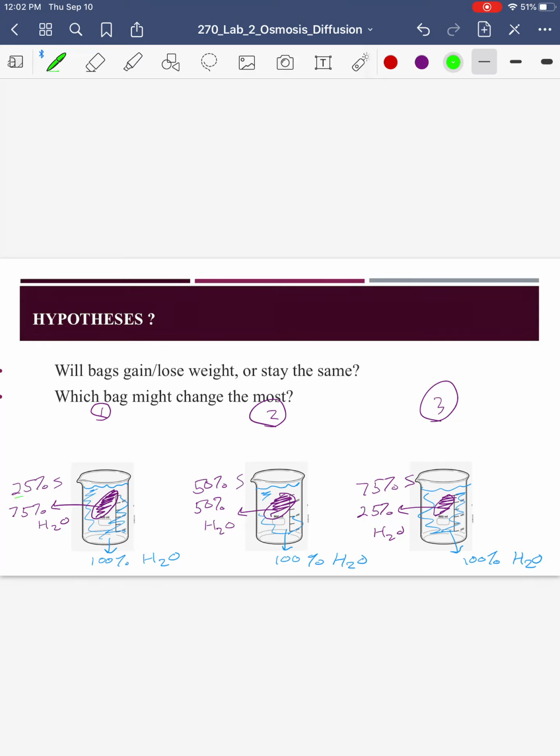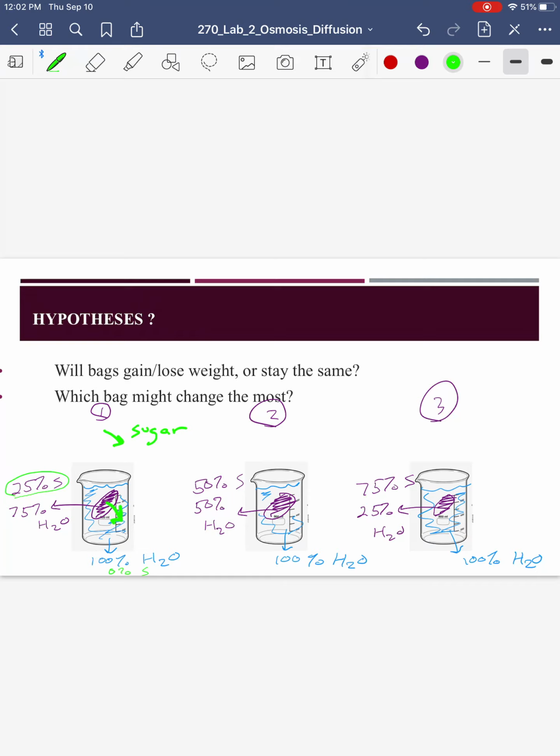We have 25% sugar here and 0% sugar here. So we have a higher concentration of sugar inside the bag and a lower concentration of sugar outside the bag. So how will the sugar diffuse? From inside the bag to out. Right? So that's going to be our movement of sugar. Moves from high to low.